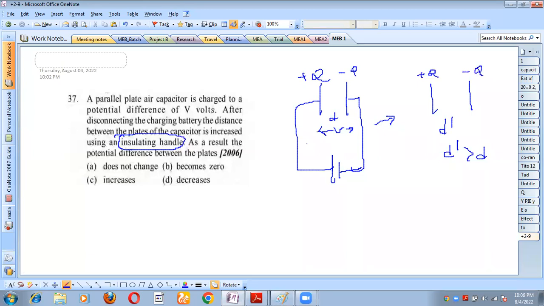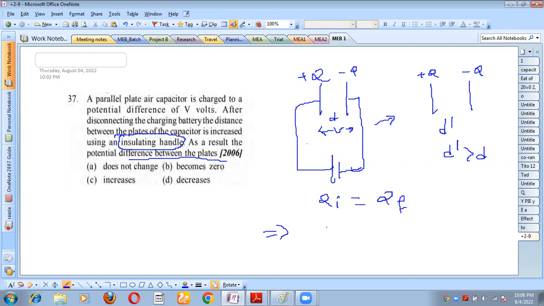As a result, what will happen to the potential difference between the plates? Charge will remain the same, so Q initial will be equal to Q final, and the battery is disconnected.